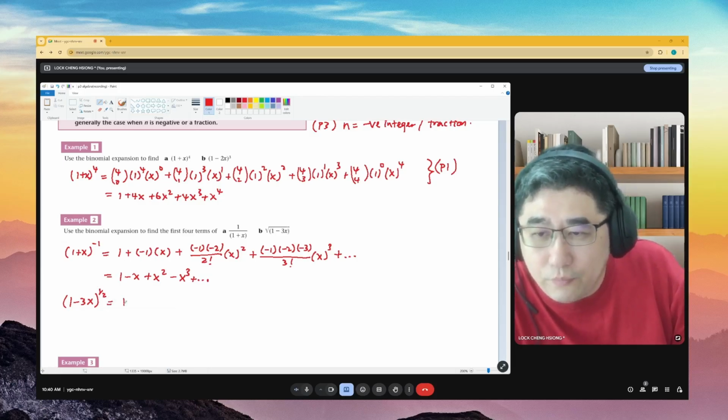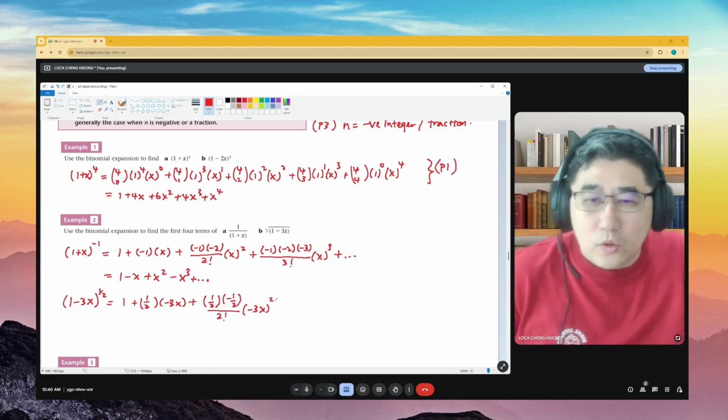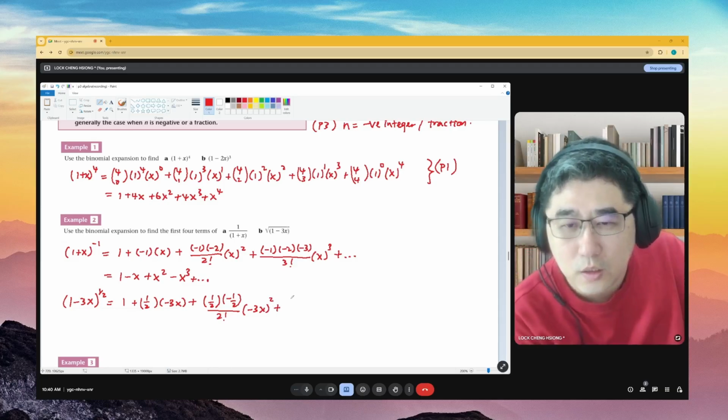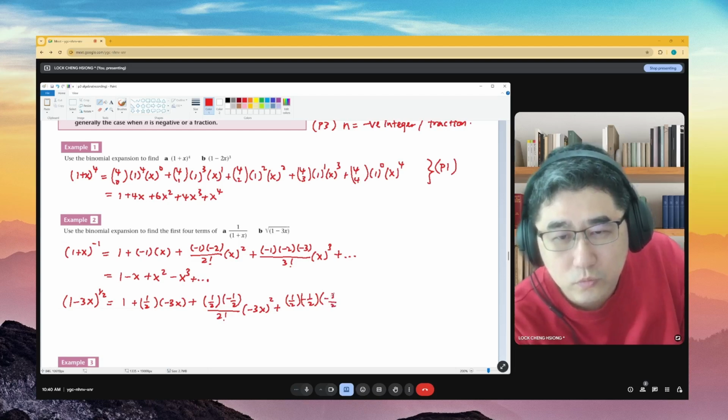So 1 + (1/2)(-3x) + (1/2)(-1/2)/2! (-3x)^2 + (1/2)(-1/2)(-3/2)/3! (-3x)^3 + dot dot dot.